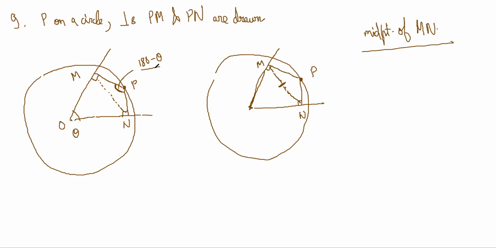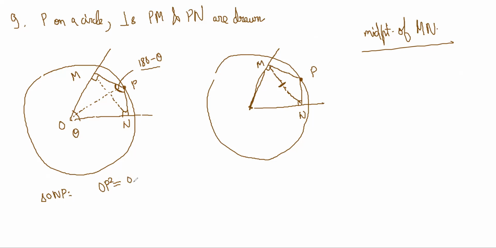So you can say that OP is the radius, and in triangle ONP you can do the cosine rule.